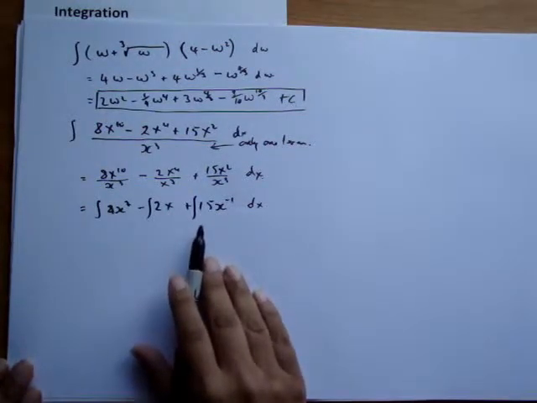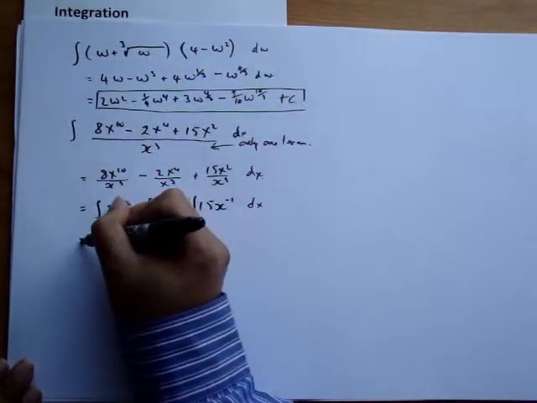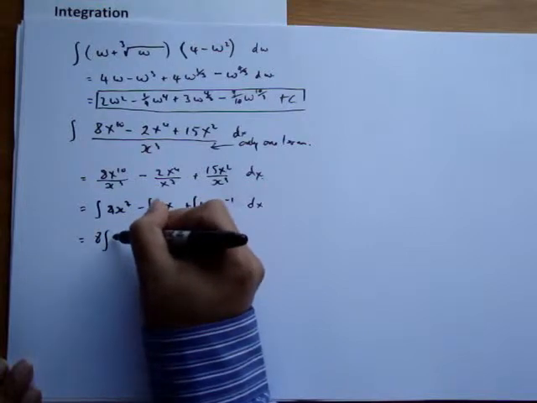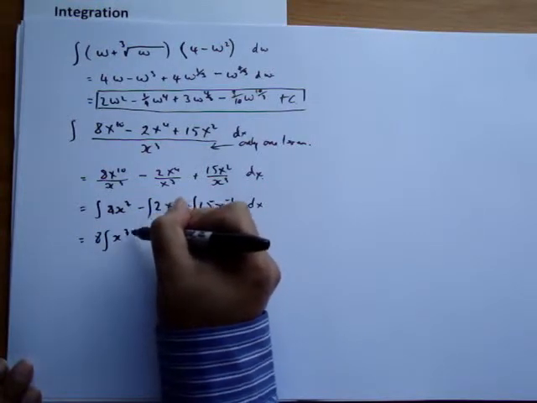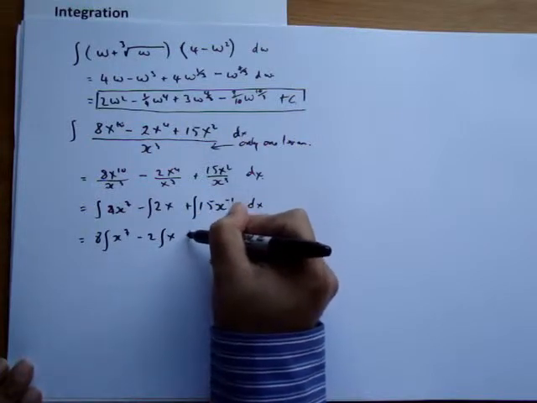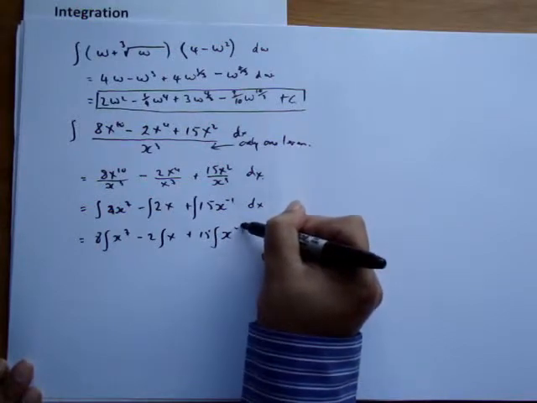So doing now the integration, let's take the constants out first. So 8 integral of x to the power 7 minus 2 integral of x plus 15 integral of x to the minus 1.